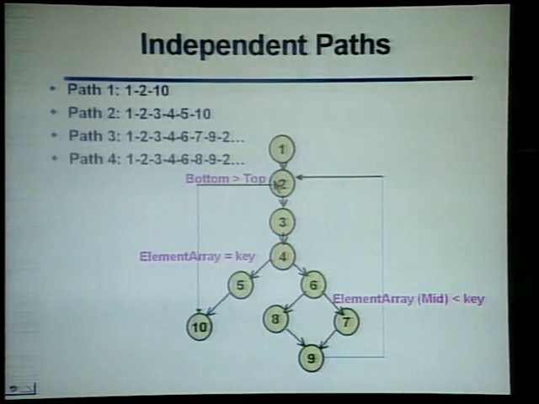And after 2, of course, we can follow any path. It can be 2 to 10 or coming back from 2, 3, 4. That doesn't matter now because the rest of the paths have already been traversed. The fourth path is 1, 2, 3, 4, 6, 8, 9, back to 2, and after 2, any path can follow.